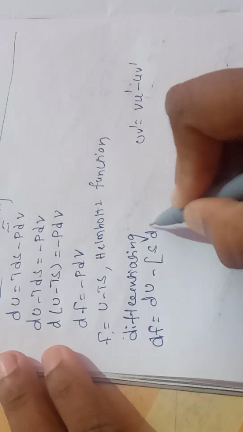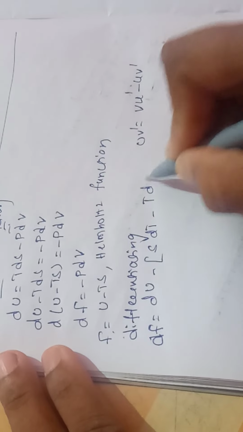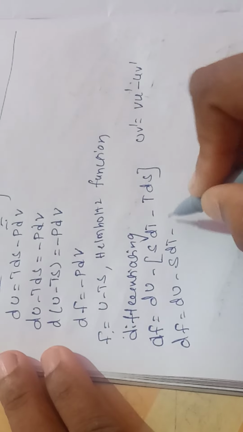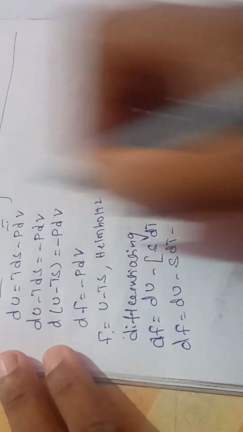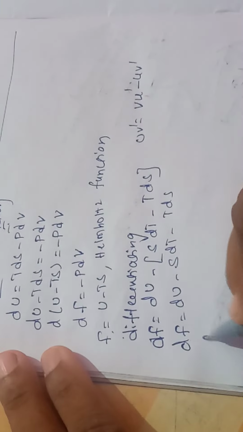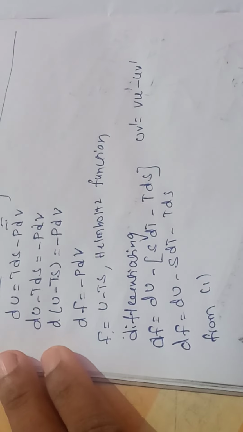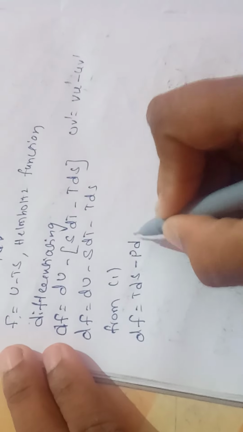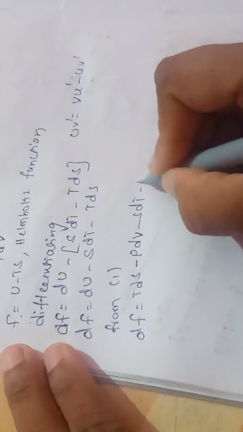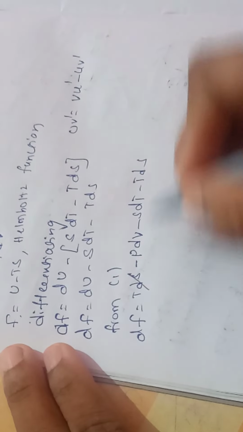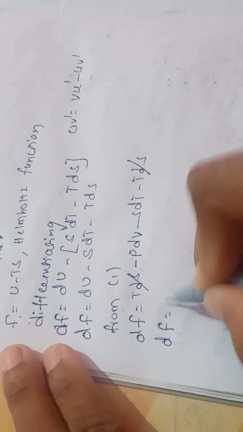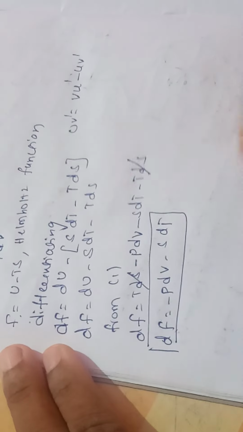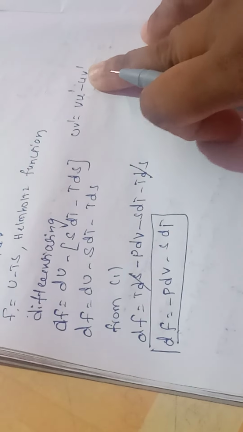So SdT plus TdS, or dF equal to dU minus SdT minus TdS. Let it be equation 1. From 1, dU means what? TdS minus PdV. Now write this minus SdT minus TdS. So now TdS minus TdS strikes off, dF equal to minus PdV minus SdT. This is the second thermodynamic potential.